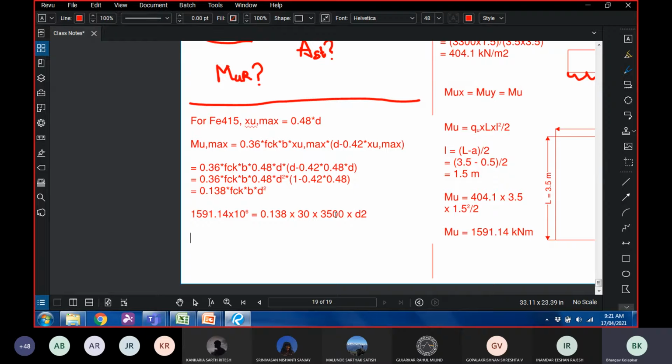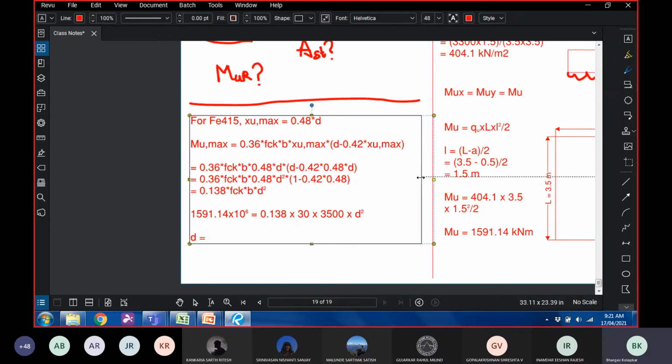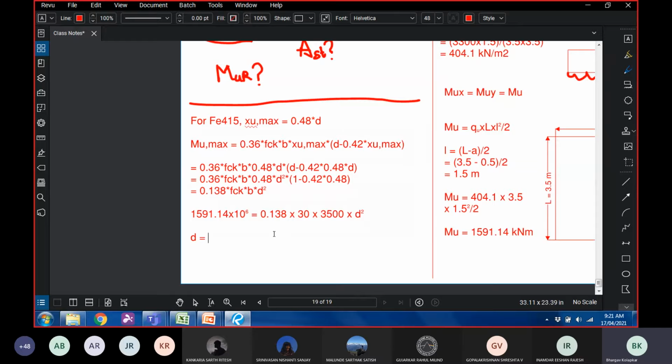Okay. Can someone please give me a value of D? Come on, anyone?